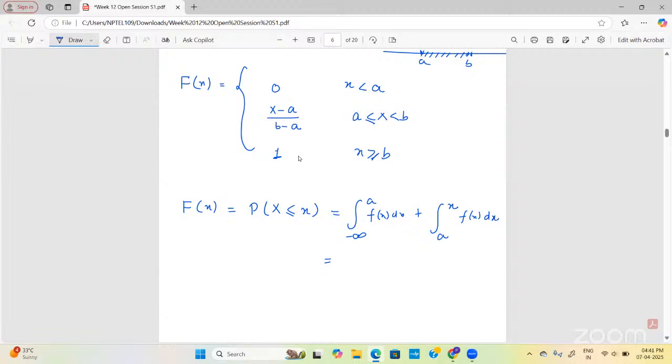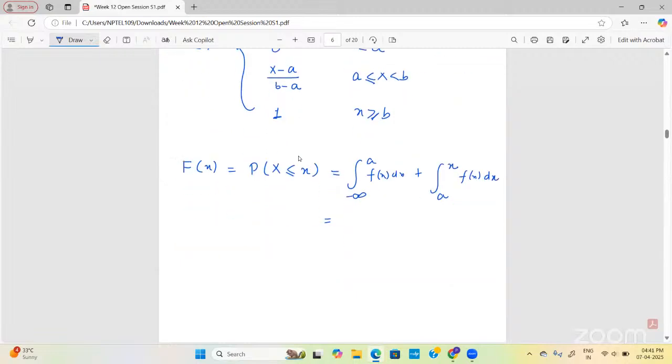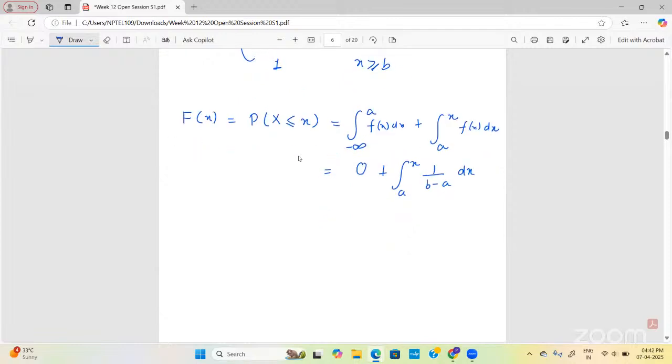Now from minus infinity to a, what is the value of the PDF? It is 0, because it is not defined below a. Now from a to x, the PDF is 1 upon b minus a. You just have to integrate this.